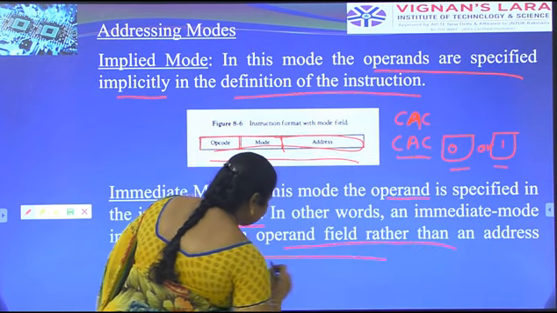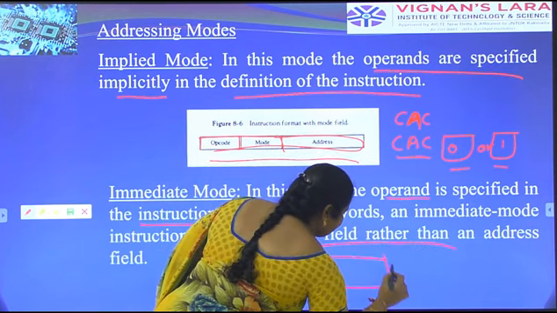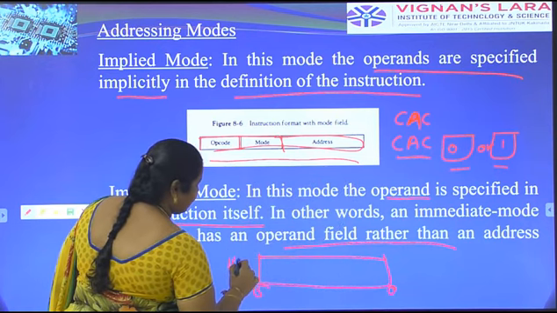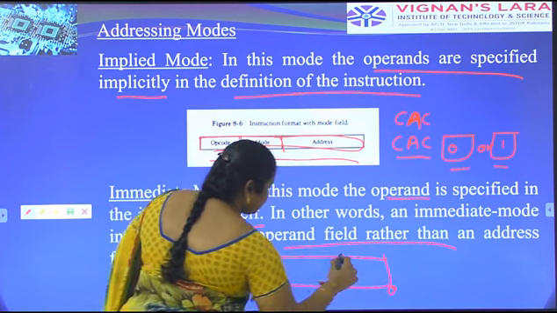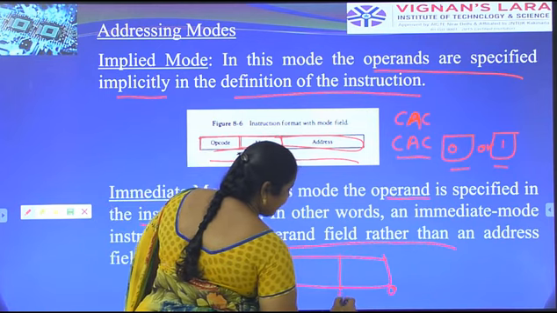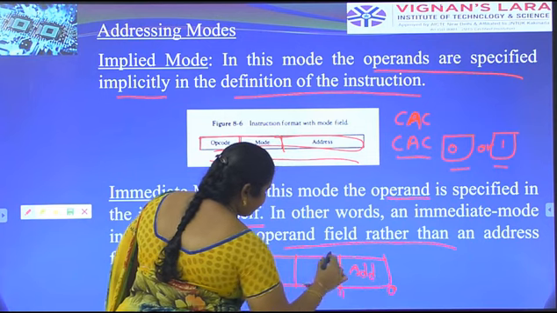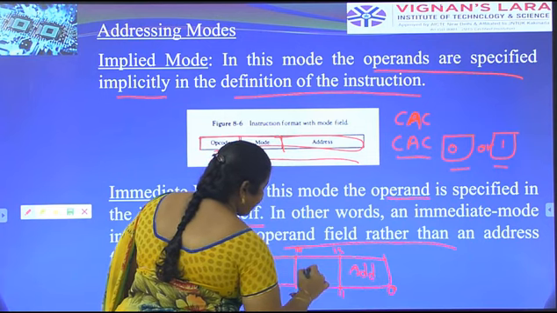We already know the instruction format. It contains bits 0 to 15, a 16-bit representation. Bits 0 to 11 specify the address, and bits 12 to 14 specify the opcode.